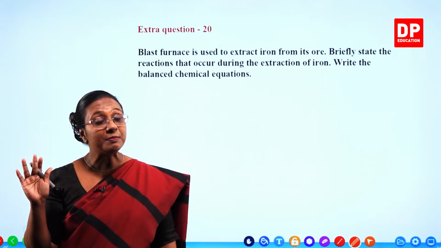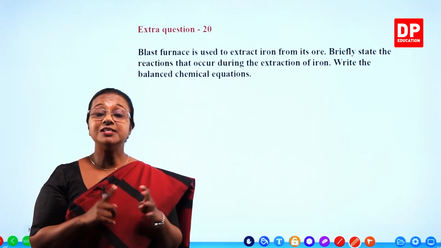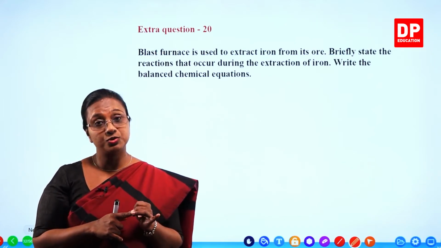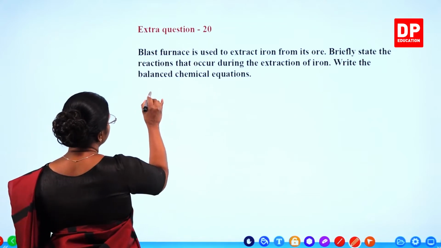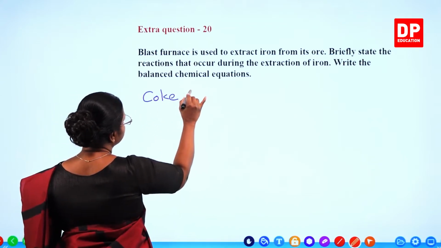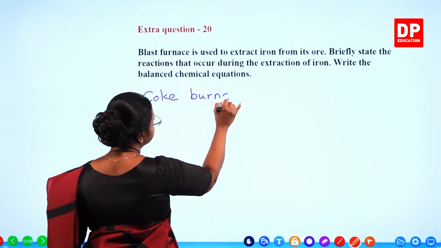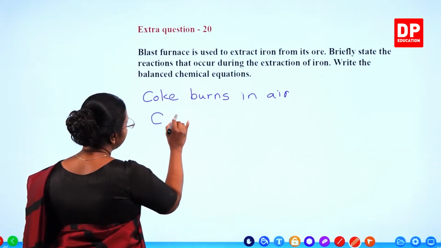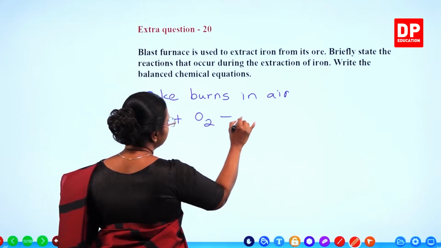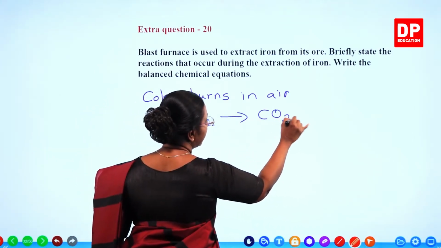So can you all remember those? The raw materials, hematite, coke and limestone. First, what is the reaction? Coke burns in air. That is, coke is carbon plus oxygen gives rise to carbon dioxide CO2.